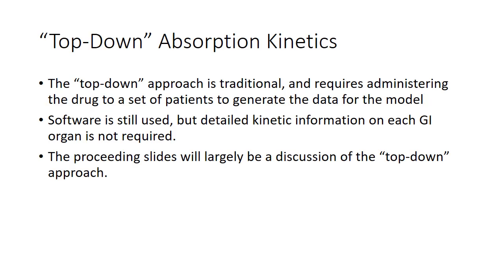It requires administering the drug to a set of patients to generate the data for the model first. So you need to get experimental data before you could actually generate a model. In every case, software is going to be used for these models and the other models. Again, the detailed information on each organ is not required. So the remaining slides, this whole presentation, will really be a discussion of the top-down approach from this point on.